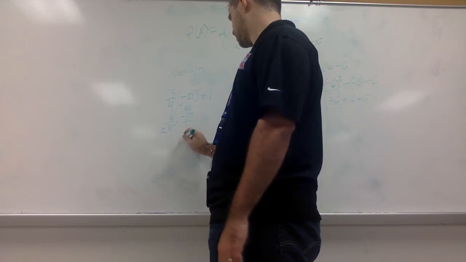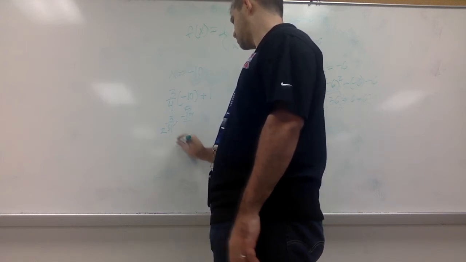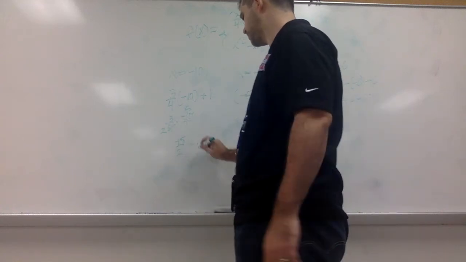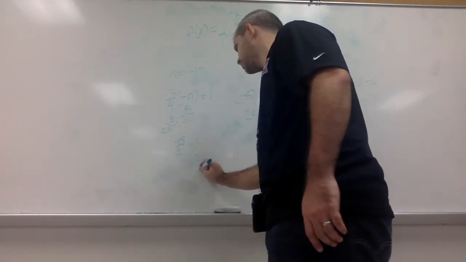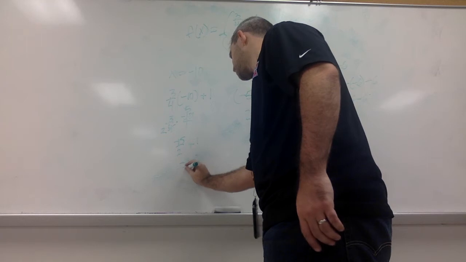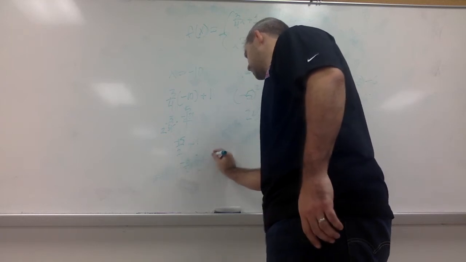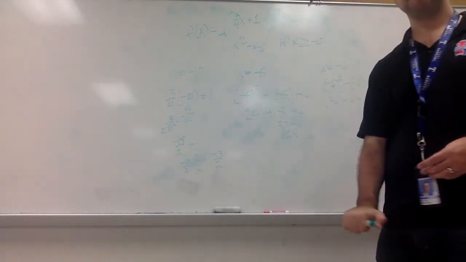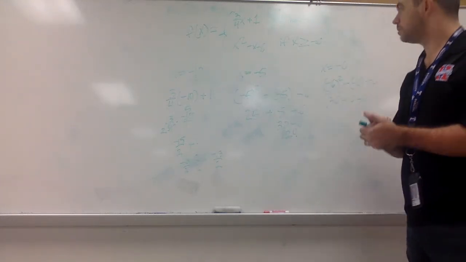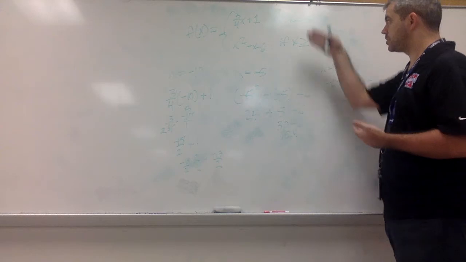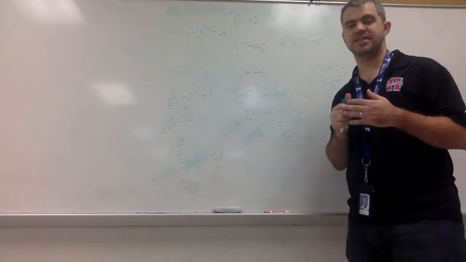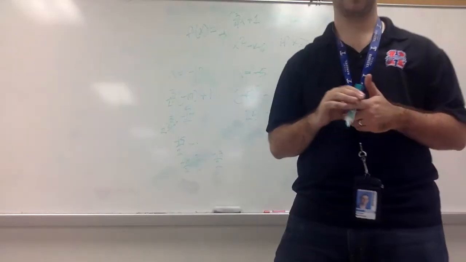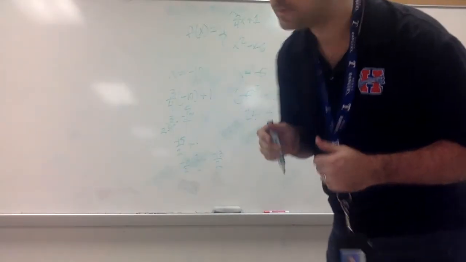So we get -15 over 2, plus 1. This is 2 over 2. And we get -13 over 2. All right. So again, we just look at our instructions, and that tells us which one to use.